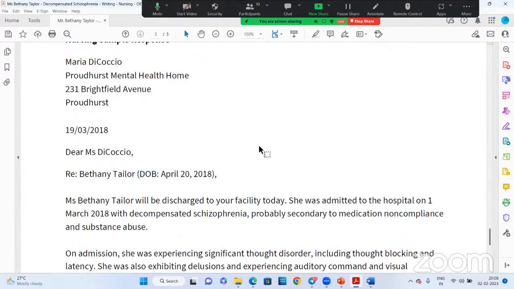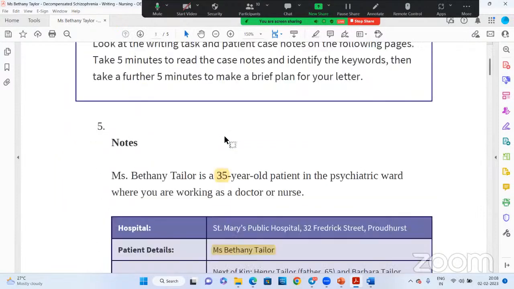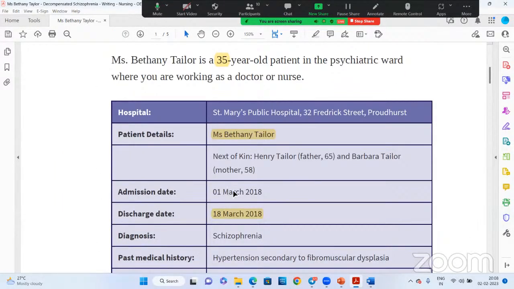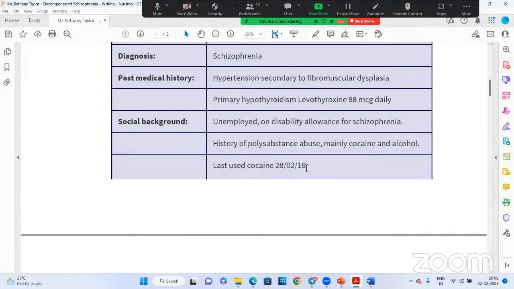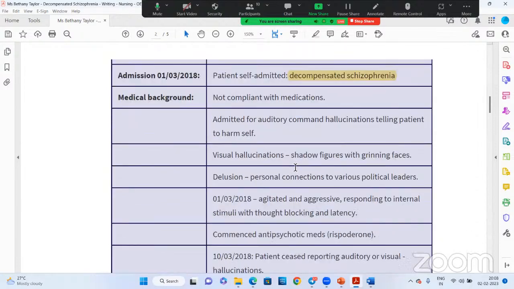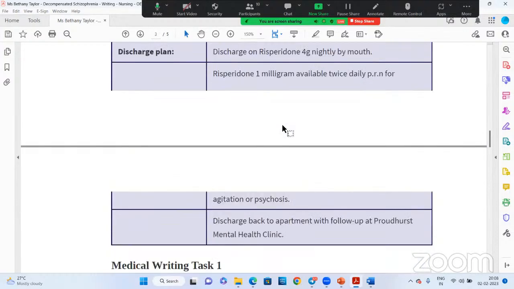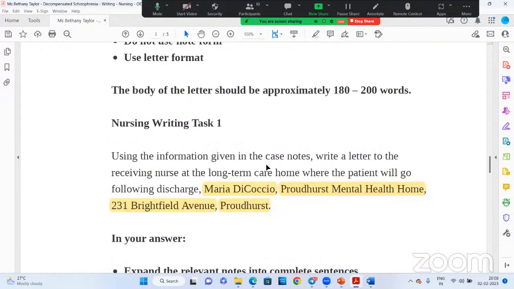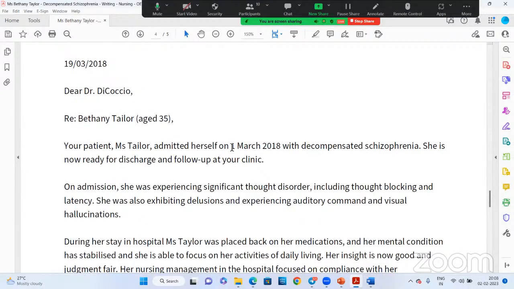Fine. Next. So date of birth is not given. One final clue. Let us check once again if we missed anywhere. So date of birth is not given. So date of birth is given late. Even after the letter is written, date of birth, how can it be possible? So admitted herself on 1st March 2018.